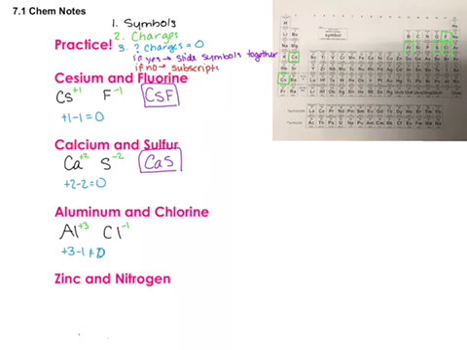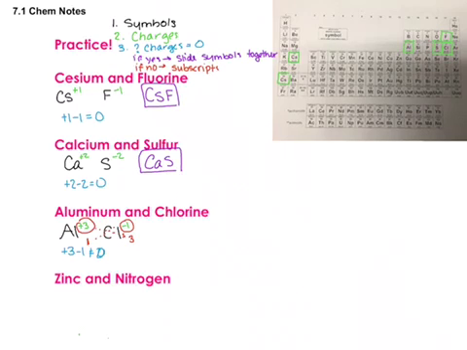The subscripts are those smaller numbers. Generally speaking, whatever this charge is will be the subscript that goes kitty corner, and whatever this charge is will be the subscript down here. Notice I did not write +3s or -1s. It's just the number that transfers down.